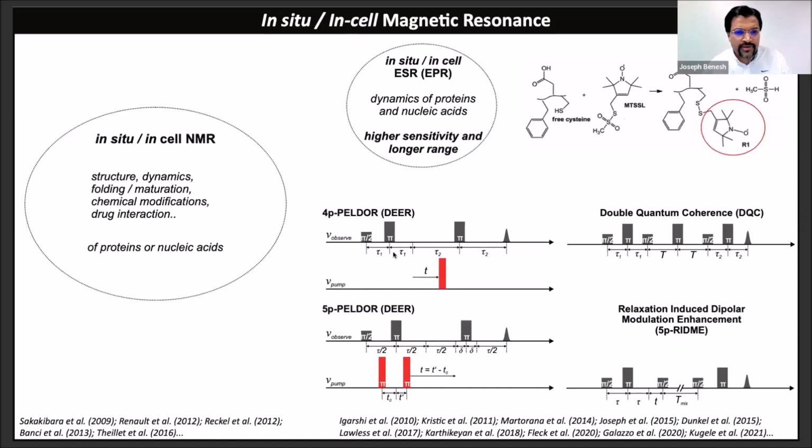Although ESR has a wide repertoire of techniques, here we are mostly employing the double frequency technique called 4-pulse DEER or PELDOR, for which a 5-pulse version is also available to determine even longer distances. In some cases, single frequency techniques like double quantum coherence or RIDME can be used, but their applications are limited, and the double frequency techniques remain the method of choice.